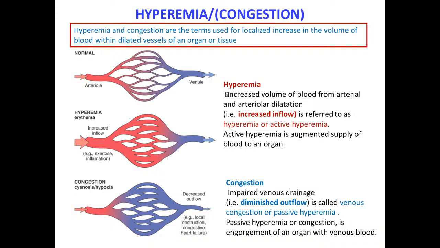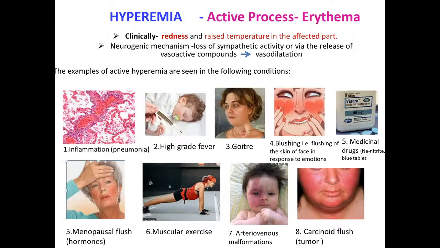Active hyperemia is augmented supply of blood to an organ. Congestion, impaired venous drainage, is called venous congestion or passive hyperemia. Passive hyperemia or congestion is engorgement of an organ with venous blood.